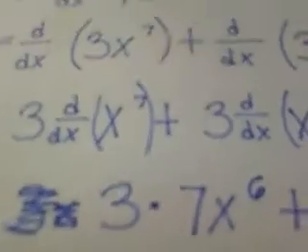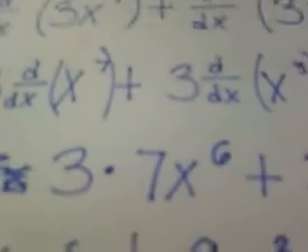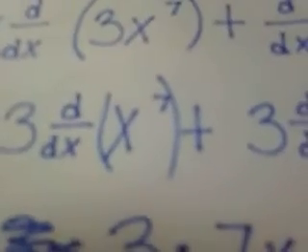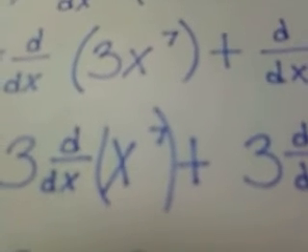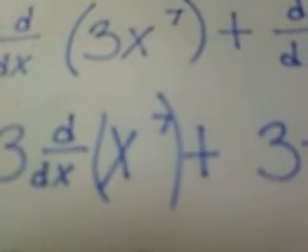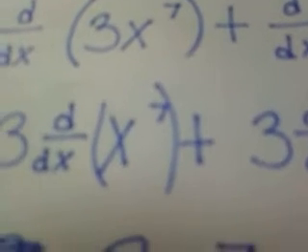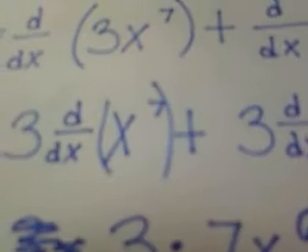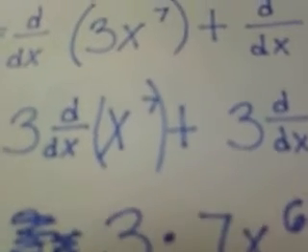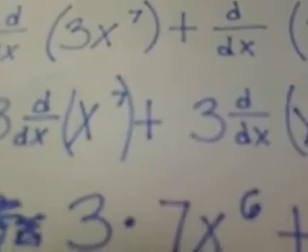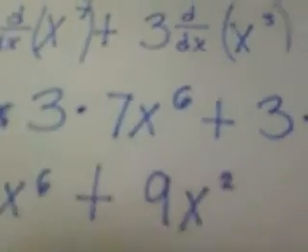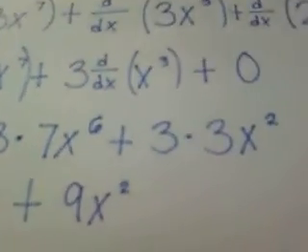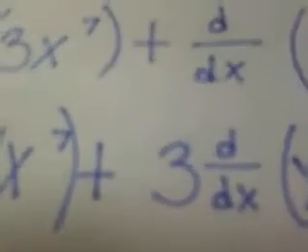And then we have 3 from this 3 over here, times 7x to the 6th, because we move the 7 from x to the 7th, we multiply it. 7 times 1, because 1 is the invisible number before x, and the exponent here would be 7 minus 1, which is 6. So that's why x to the 7th comes out being 7x to the 6th.